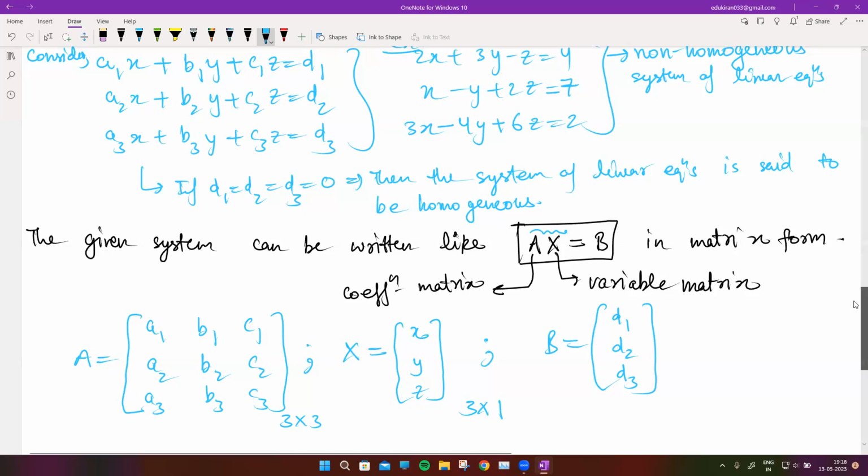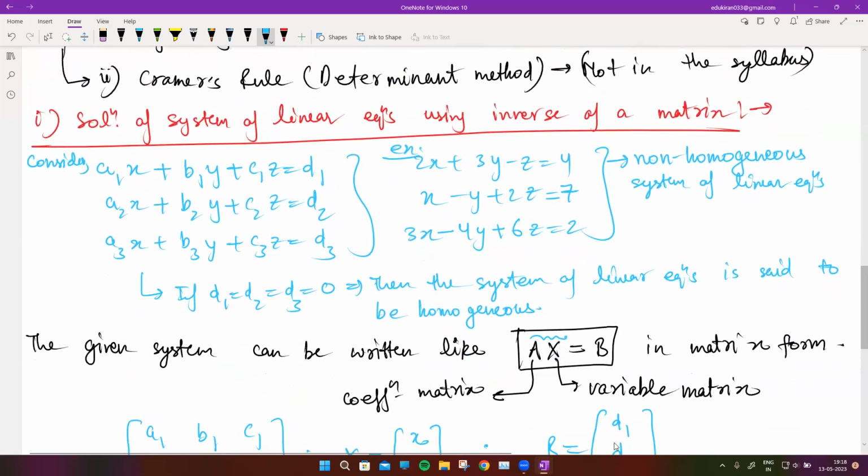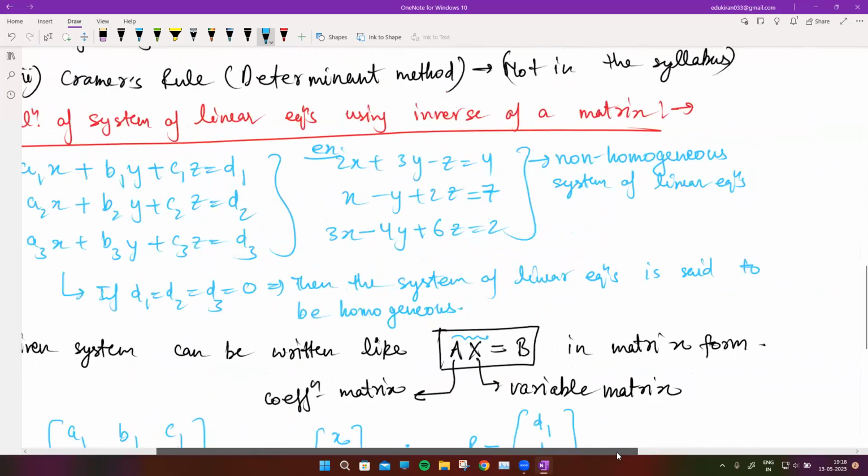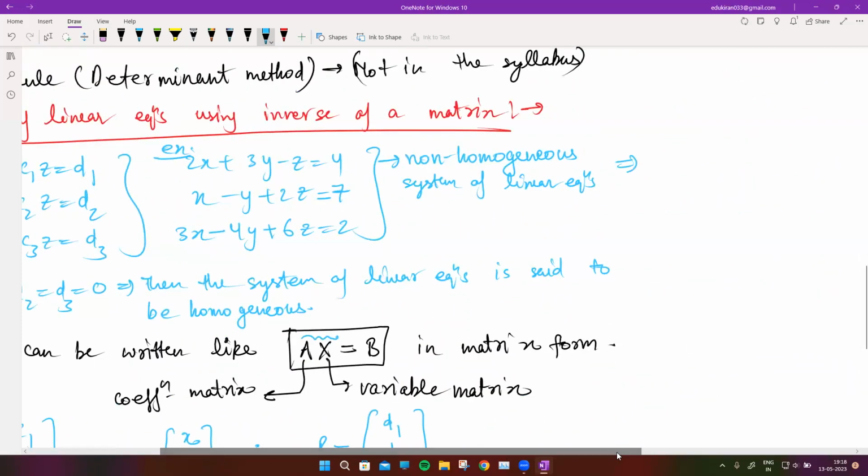The main thing is to form A, X, and B. So please try to identify how to form A, X, and B. What should be the first row of A? You can write in the chat, what should be the first row of A?